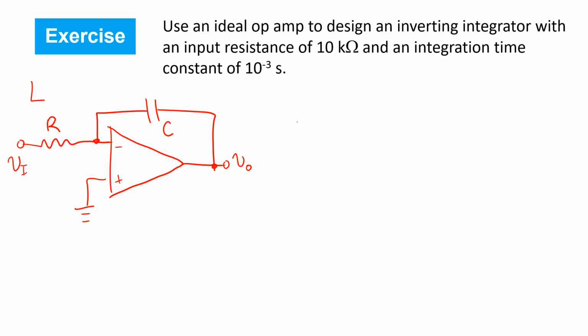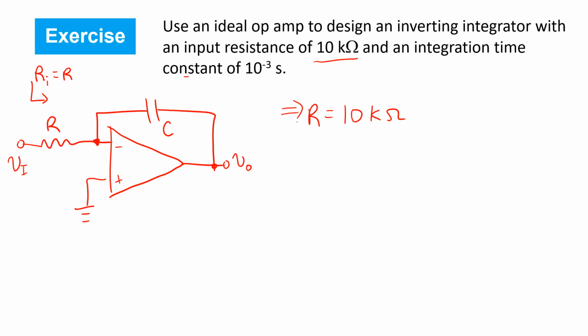We can see, assuming an ideal op-amp, since there's a virtual ground at the negative op-amp terminal, the input resistance here is simply equal to R. So when we're asked to design the circuit to have an input resistance of 10K, we immediately know that the resistor value R must be 10 kilo ohms, because that's the input resistance of this configuration.